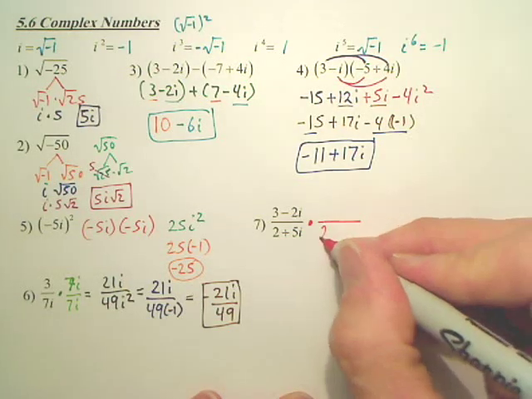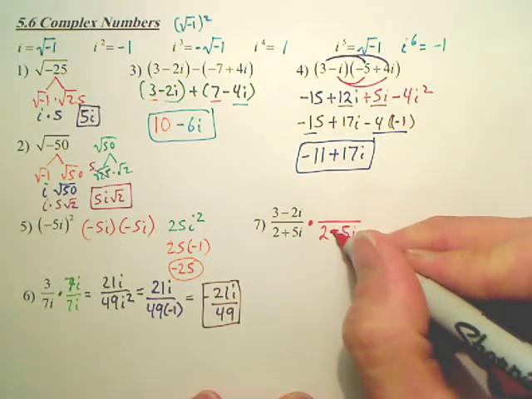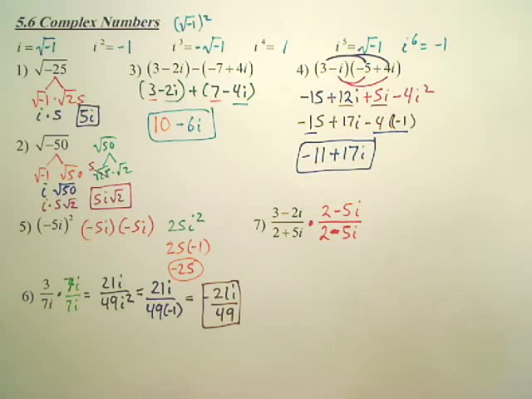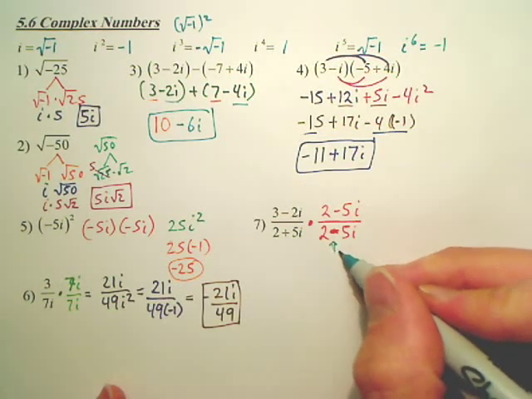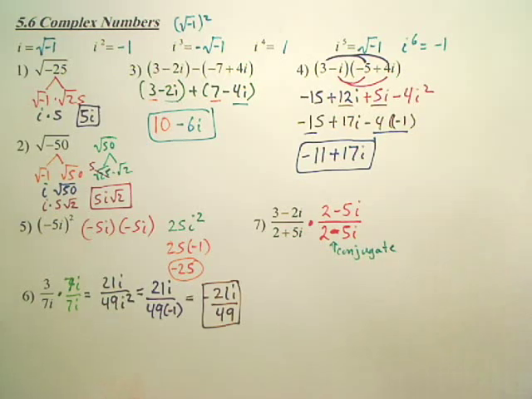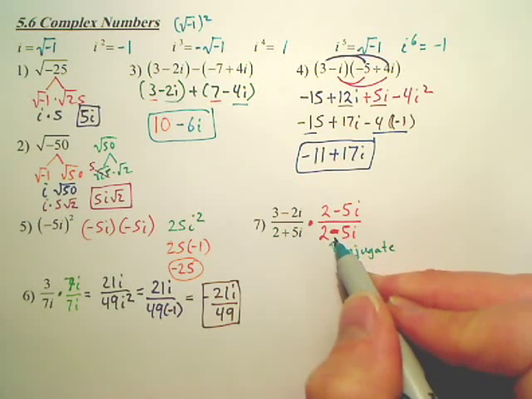You multiply the top and bottom by the conjugate. This right here is called the conjugate. What I did basically, I took the bottom, it was a plus, I make it minus.